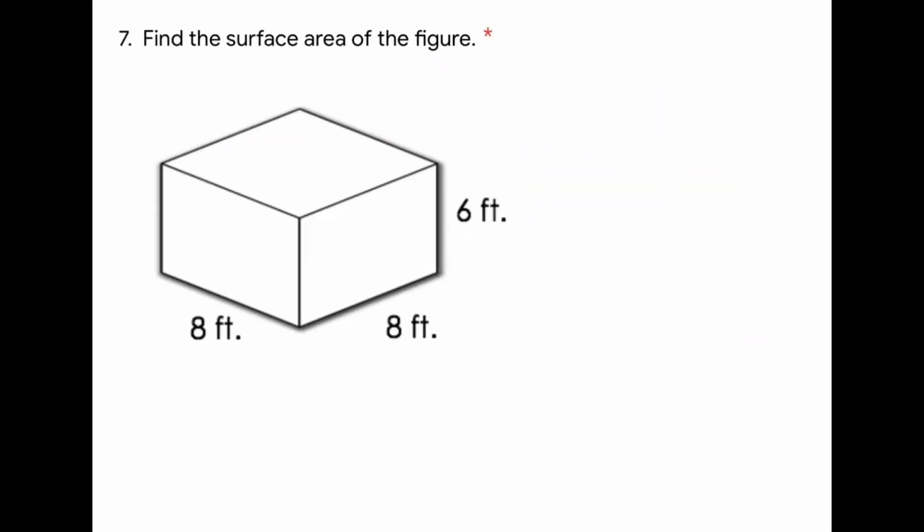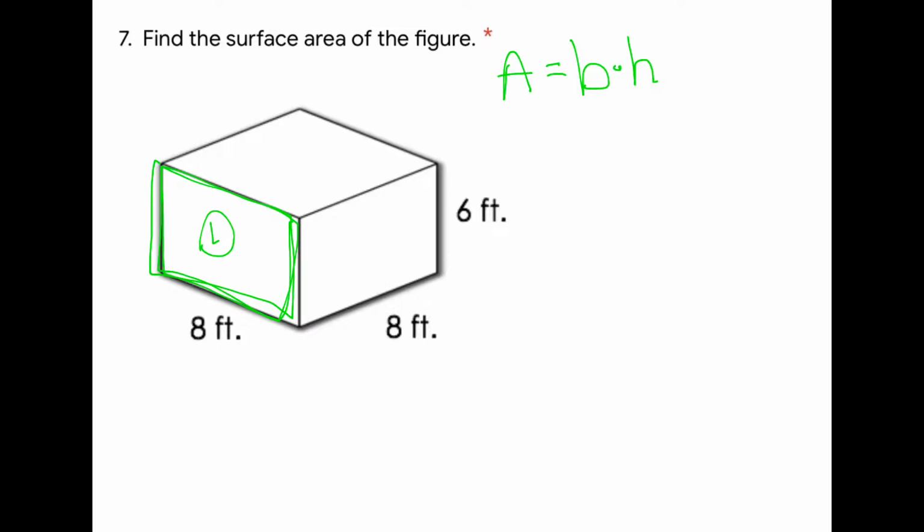Find the surface area of the figure. So first, we're going to find the area of this. This is going to be number 1. So area is going to equal base times height.